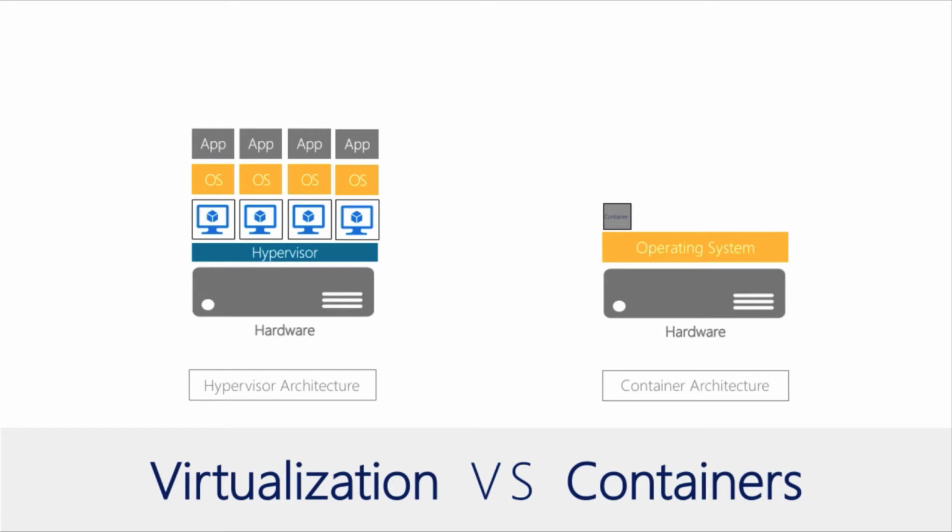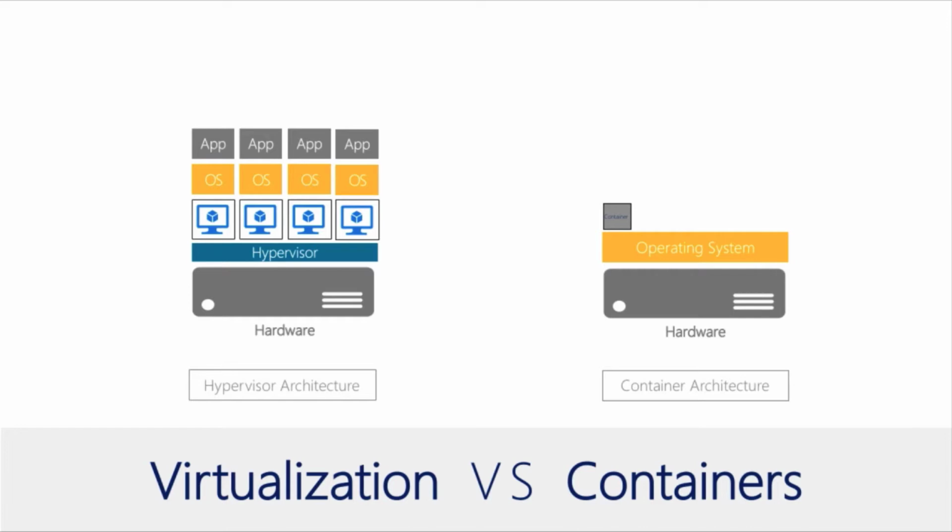Now, like I said, with virtualization, you're abstracting the physical hardware. With containers, you're abstracting the operating system, which means unlike a virtual machine, where you have multiple copies of the operating system, with containers, you only have one copy of the operating system.